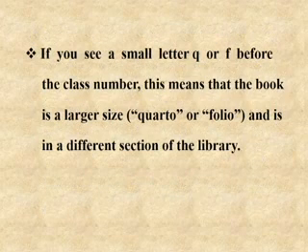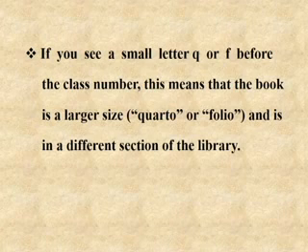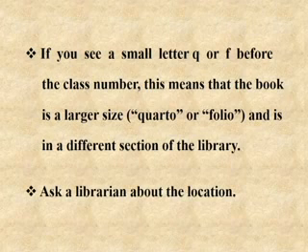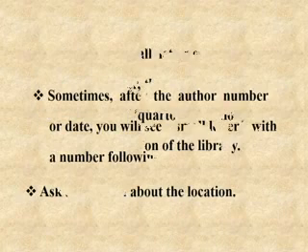Note also, A. If you see a small letter Q or F before the class number, this means that the book is a larger size, quarto or folio, and is in a different section of the library. Ask a librarian about the location.